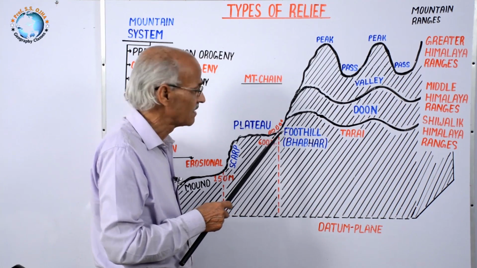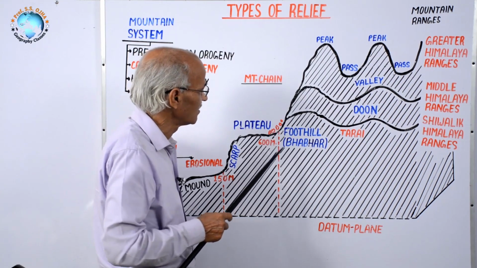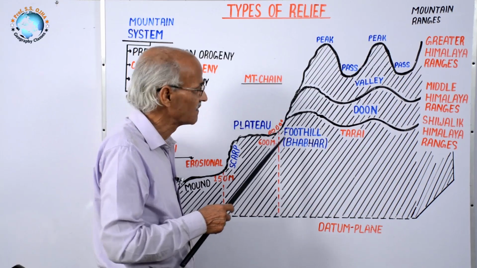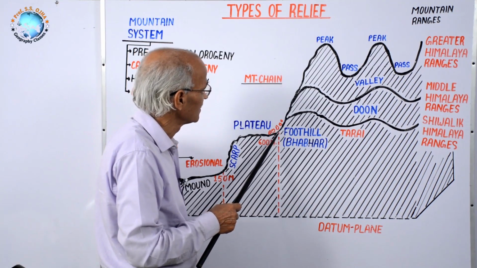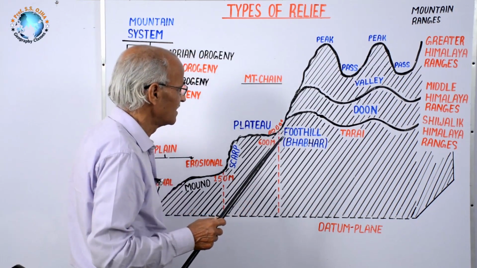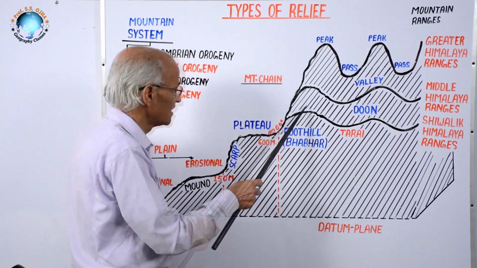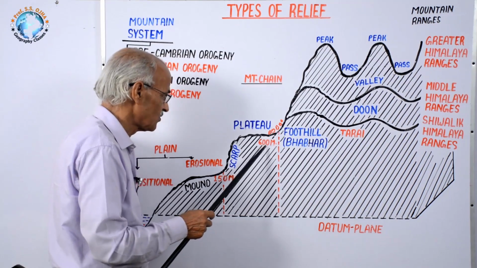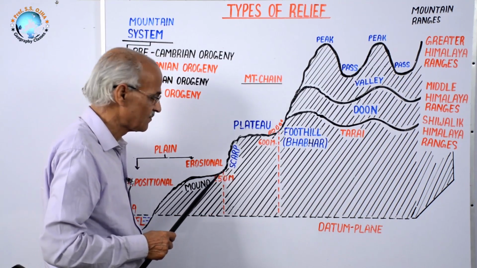Bhabhar has a number of landforms like alluvial fan and alluvial cone that will be discussed in fluvial processes. Now, keep in mind that sometimes at the foothill of the mountain there is no plateau, rather there is plain.